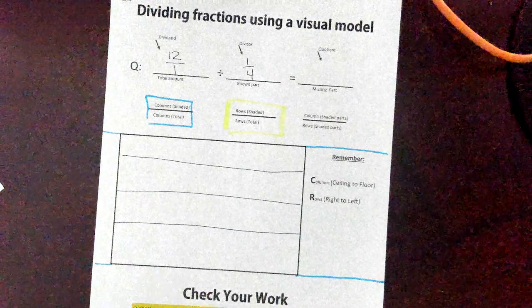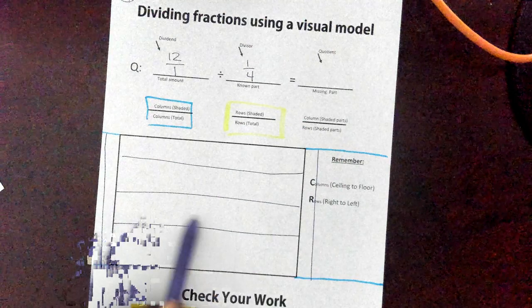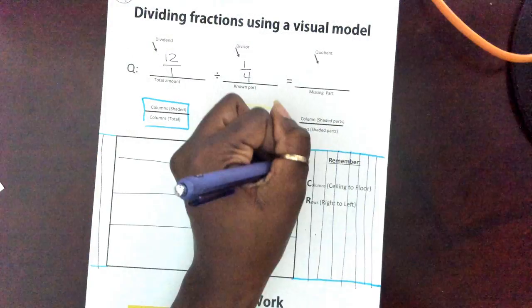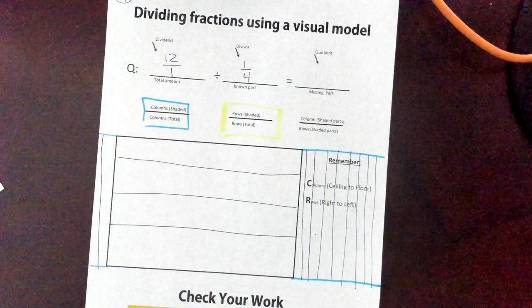Alright, so we should have 1, 2, 3, that's 3, that's 4, 5, and you don't add on to the original model. So 1, 2, 3, 4, 5, that's 6, 7, 8, 9, 10, 11, 12. So you should have 12 columns.